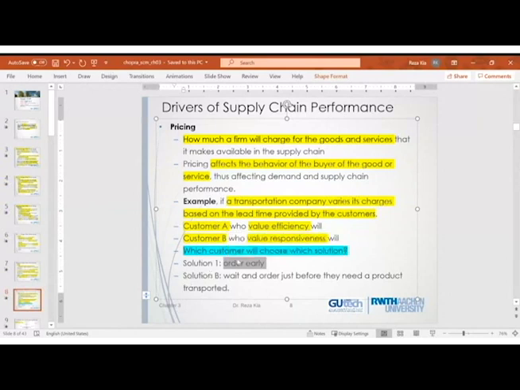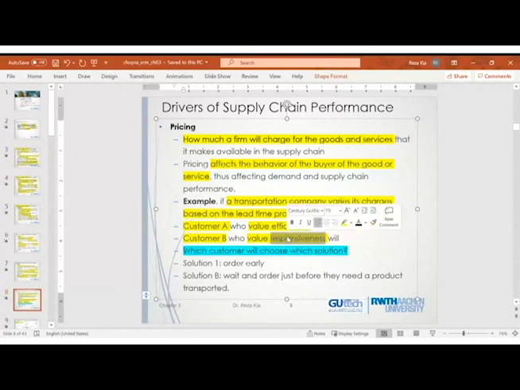So it means that if you choose solution one, you are a kind of customer A, because you are more concerned about the efficiency. Efficiency is the matter of cost concern. But if you wait and just order whenever it's required, it means that you are a kind of customer B, and your main value is responsiveness.